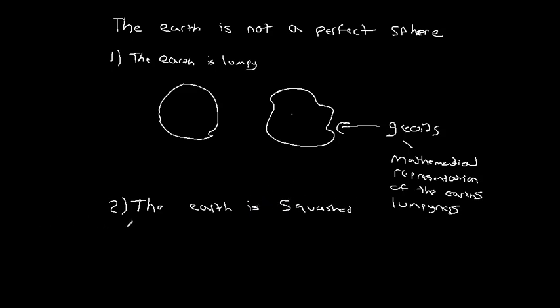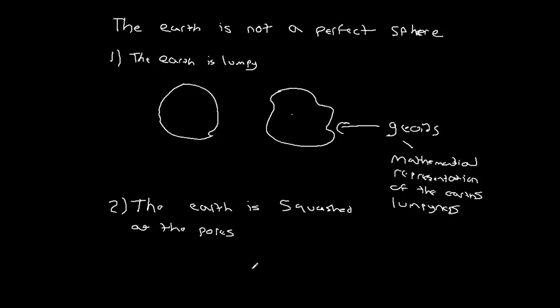It's squashed at the poles. So to put that another way, the Earth is wider at the equator than it is going through the poles. Or to put that yet another way, the diameter of the equator is greater than the diameter of the prime meridian.